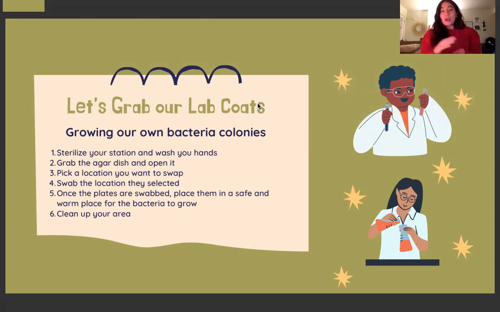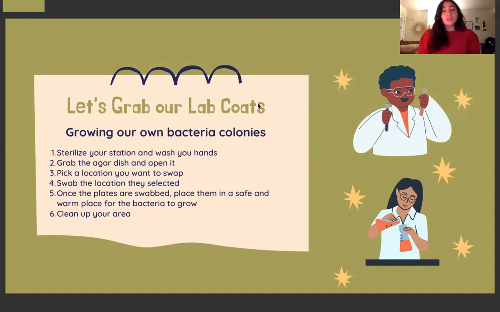And then you're just going to open it, and you're going to grab a little swab, and you're just going to swab any location you feel like, as long as no hazardous bacteria is growing there. So avoid places maybe like your kitchen sink and the bathroom. And then you're just going to gently swab over the section, making sure that it's really spread out.